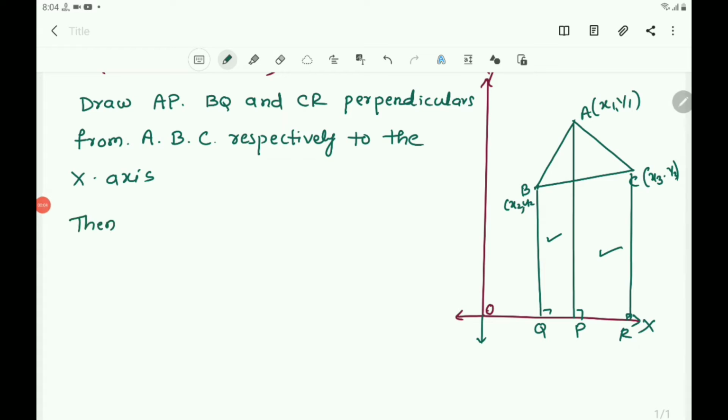So let us write. Then ABQP, APRC and BQRC are all trapezia.